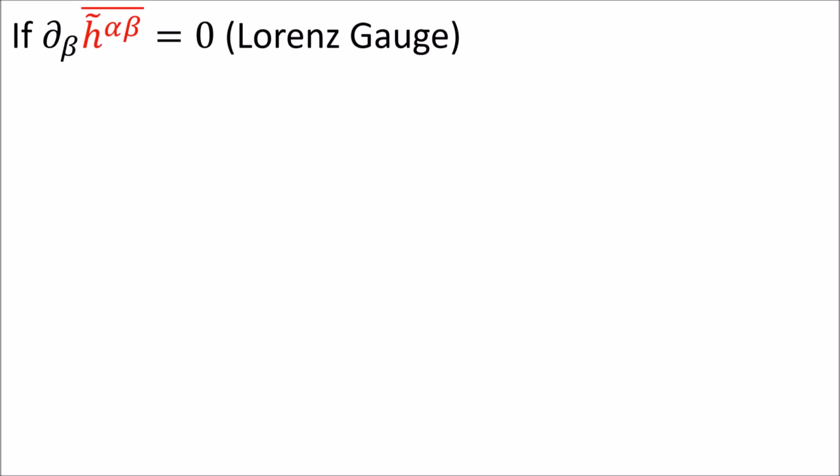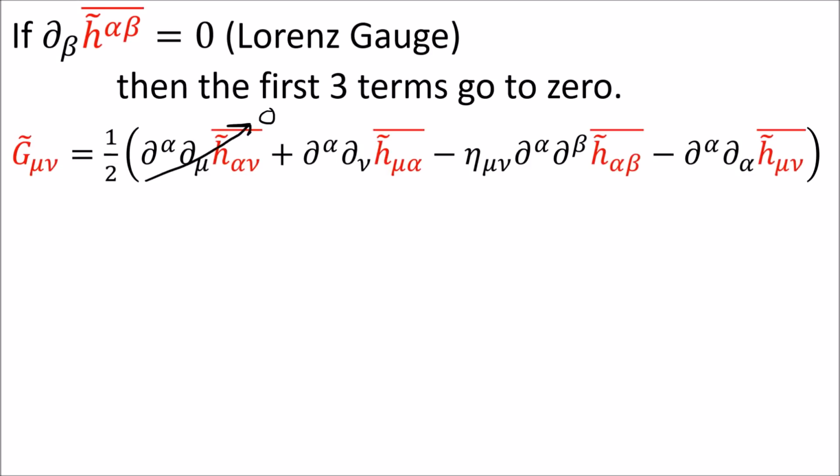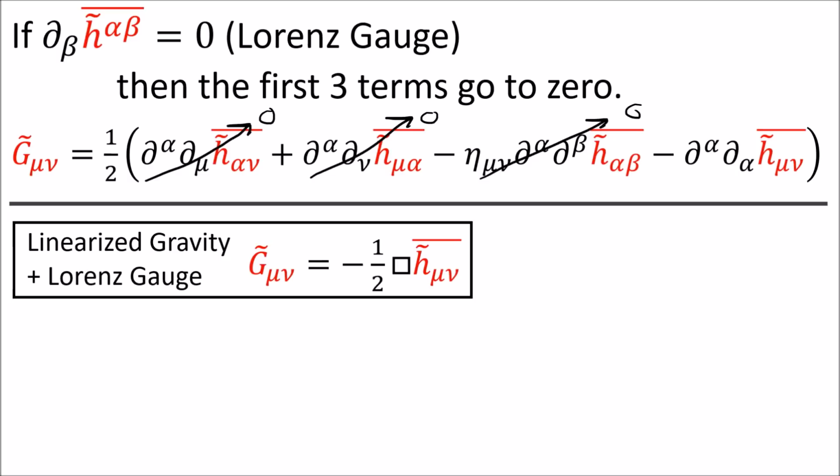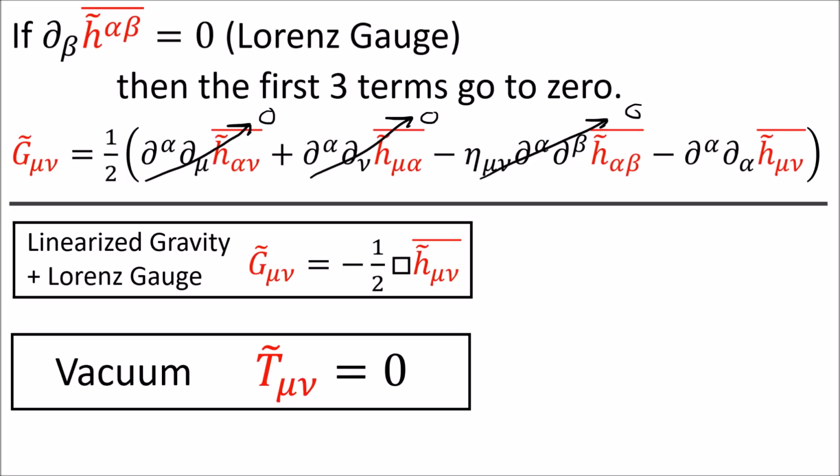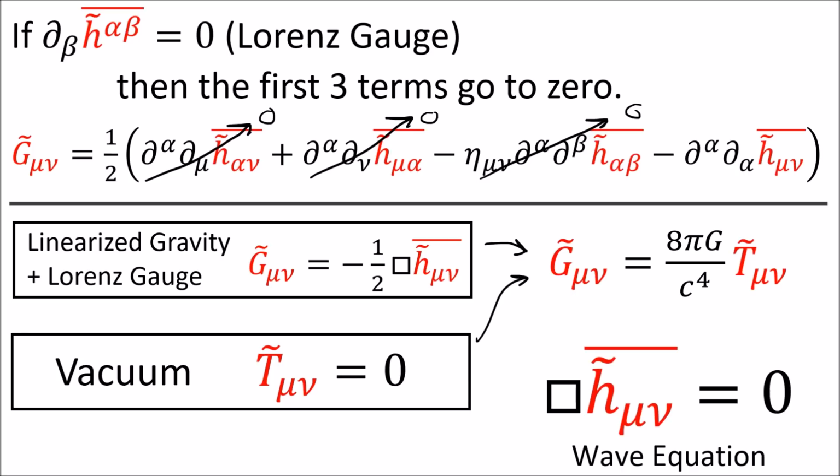And recall, in any Lorenz gauge coordinate system, these first three terms in the formula for the Einstein tensor go to zero. So we're left with the Einstein tensor equaling -1/2 of the D'Alembertian of h bar. And if we're in a vacuum where the energy momentum tensor is zero, this directly shows us that the metric perturbation h bar is a solution to the wave equation.